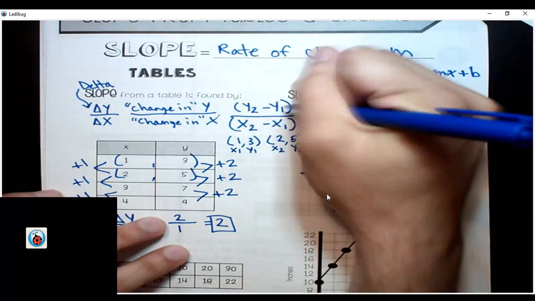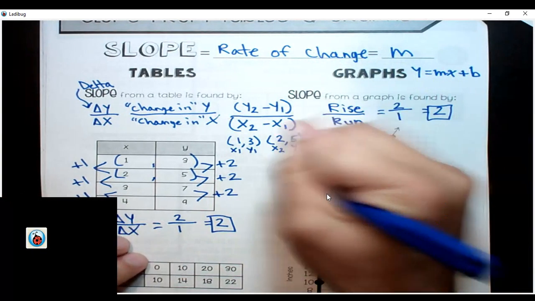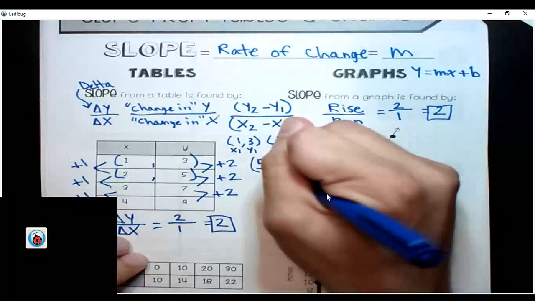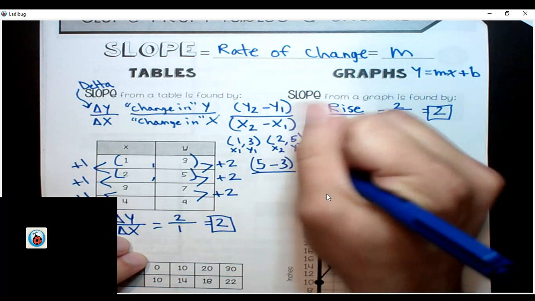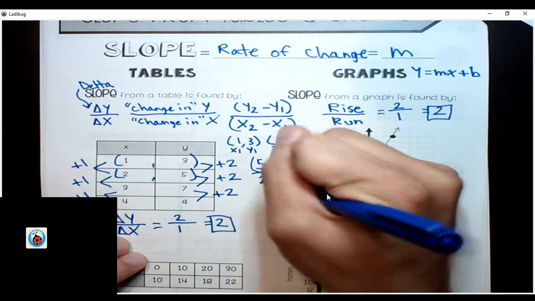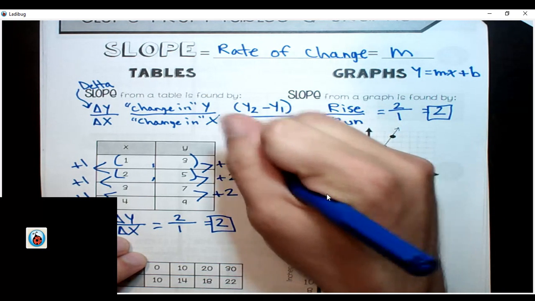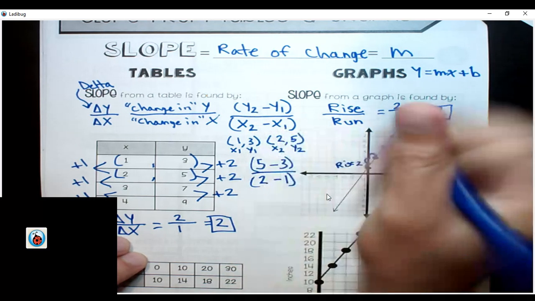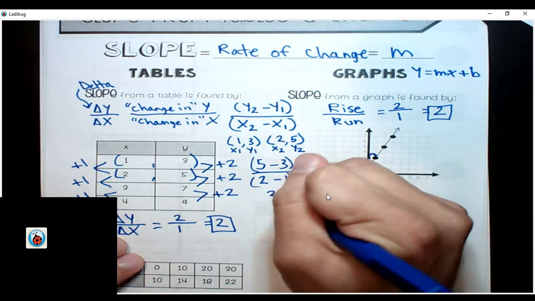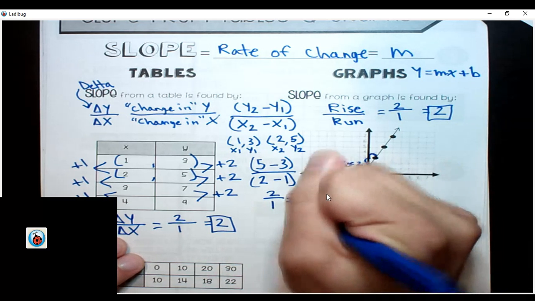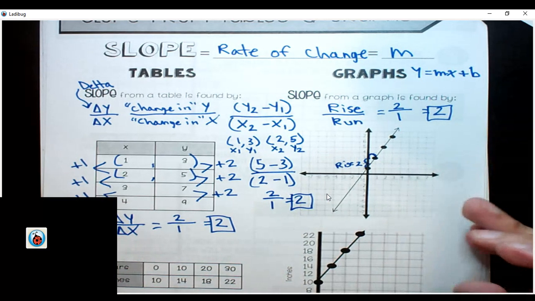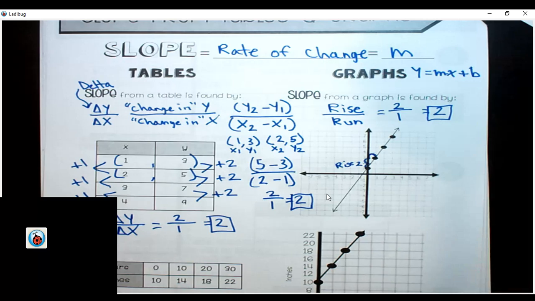Then you fill it in for the formula. So y2, 5 minus 3, divided by 2 minus your x1, 1. 5 minus 3 is 2, 2 minus 1 is 1, and you get the same answer, 2 over 1, which is equal to a slope of 2. So that's measuring how steep the line is.